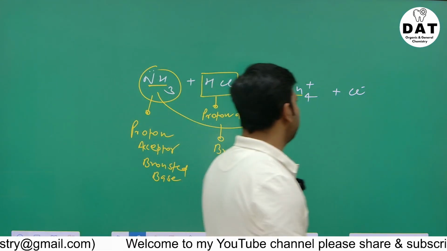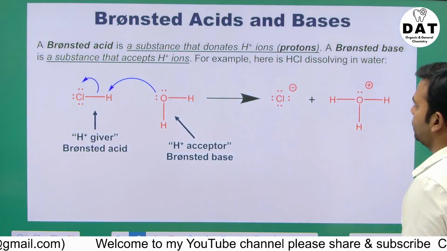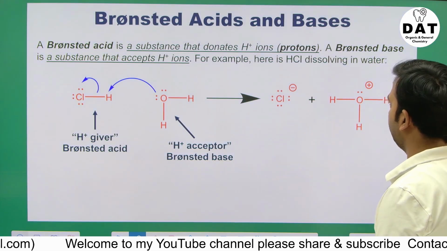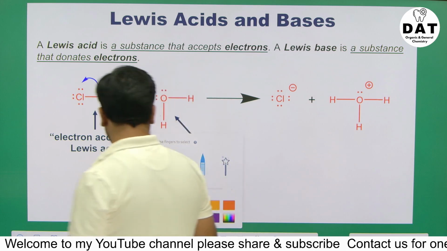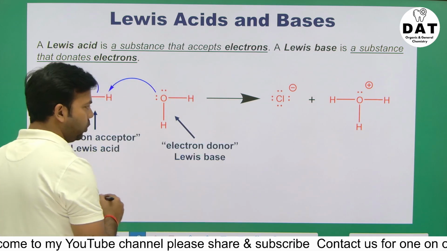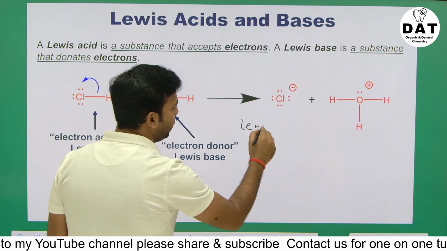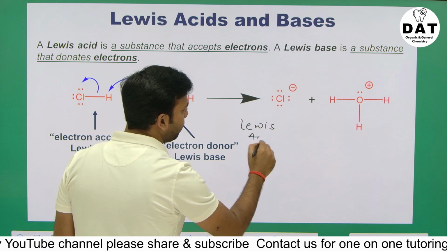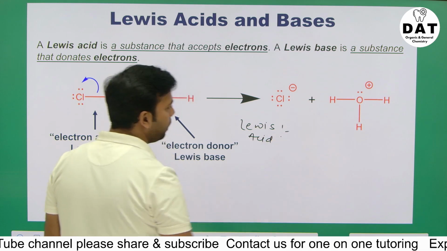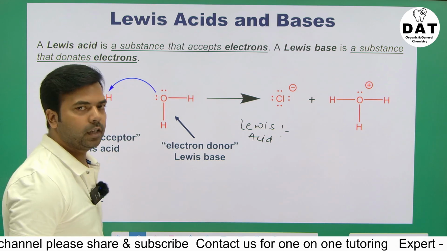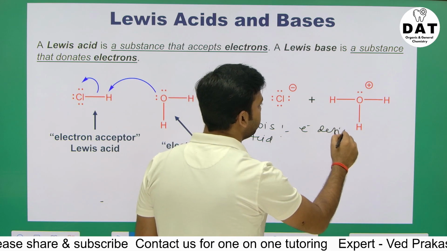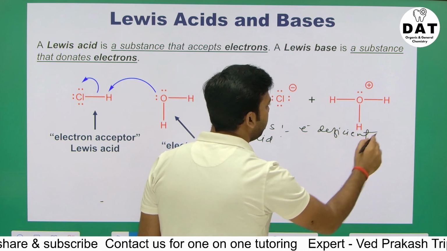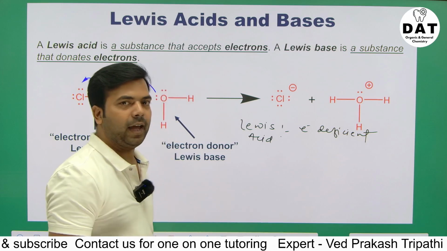Now the next is, again we have this example, Lewis acid and base. So what is a Lewis acid? A Lewis acid is basically an electron deficient species. So it can accept electrons.